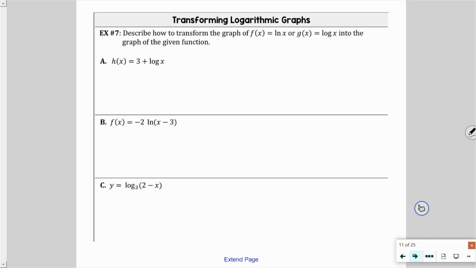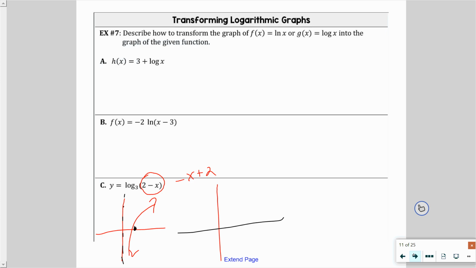All right, so if I take this one, I need to find the domain. I could verify it by doing some transformations. It is a log growth. It does go left 2. So that means I'm going to take my asymptote and my point, those are the only things we need to really look at, and I am going to move those left 2.